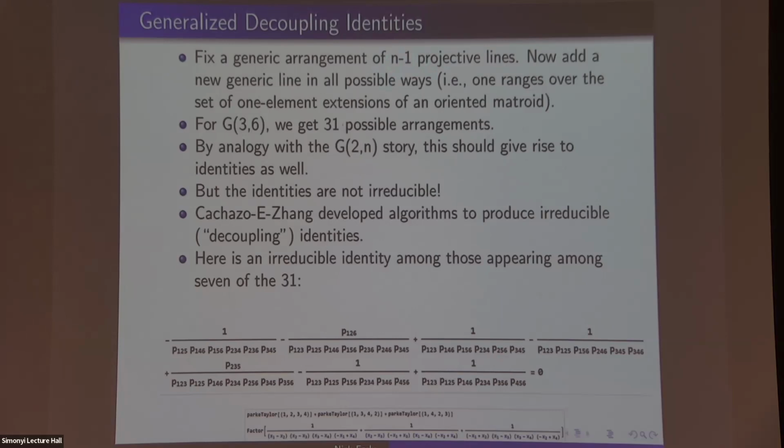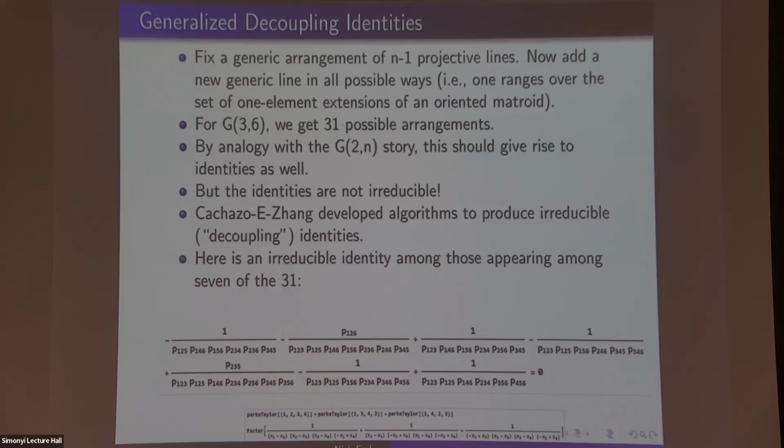Now come along with a new generic line in all possible ways. Each one, when you put it in generically, corresponds to a point in a tile in X36. So we start with a point in X35, we come along with a new guy, we get a point in X36, and we do this in all possible ways.